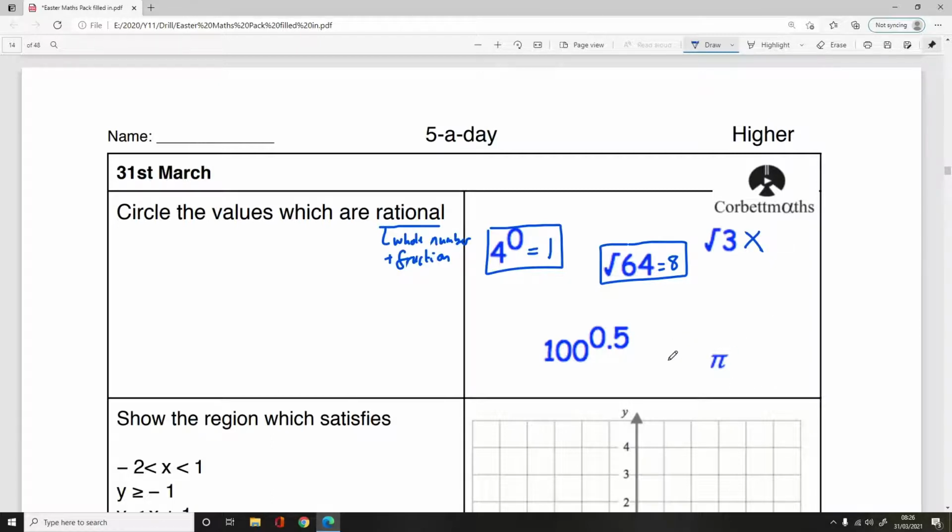Pi, that's not a whole number or a fraction either, that goes on forever. And then remember 0.5, that's the same as a half, and anything to the power of a half means the square root of that number. So the square root of that is 10, and that is a whole number as well. So it's those three, but that's the reason why. Okay.